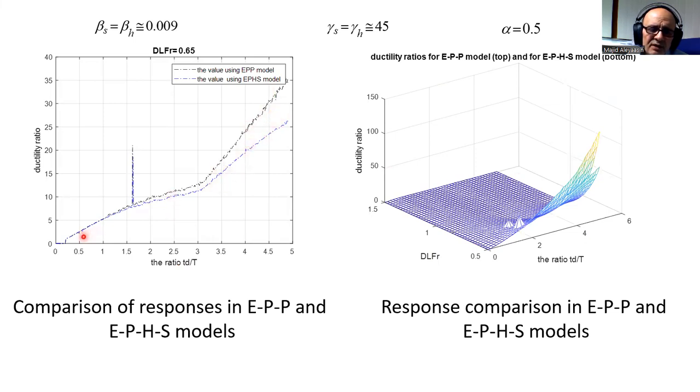As you see here, at low periods they are almost identical, but at large periods there is some deviation. This deviation is not substantial enough to affect the economy of the design. But anyway, there is another thing that happens here, a jump, which was not examined before, and I want to examine it.